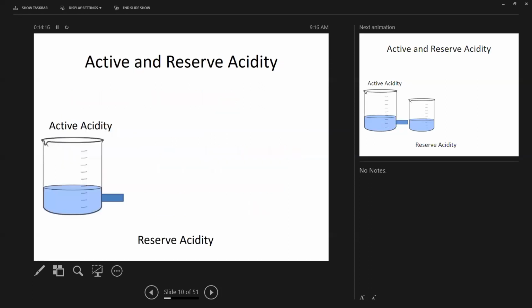So here's a little pictorial that I came up with to kind of discuss the difference between active and reserve acidity. Active acidity, I have this beaker, I know how much water is in it, or I know how much acidity is in it. We're going to use this for an example as water.